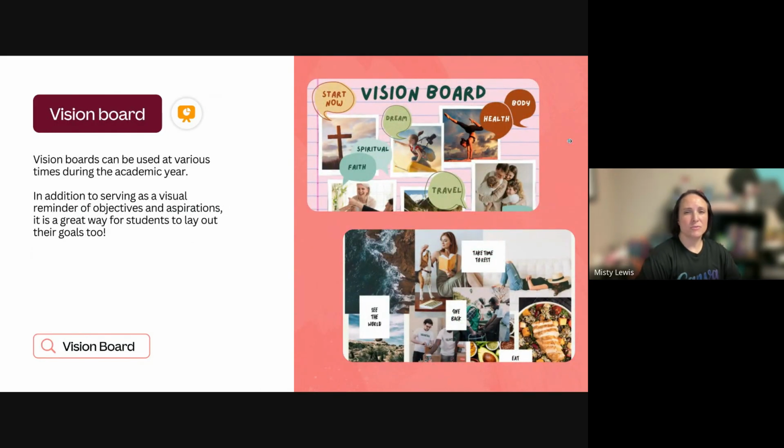Vision boards, this is a really good way to let kids lay out all of their goals and be able to personalize it and make it their own, and help you to see what their goals are as well.